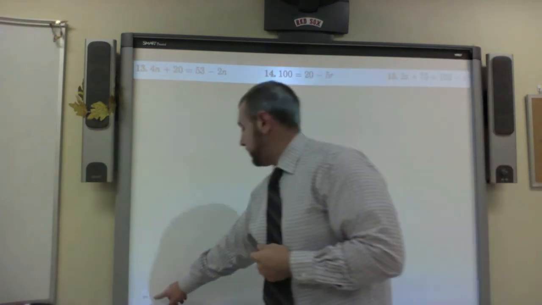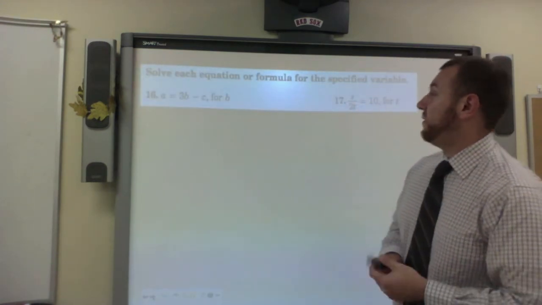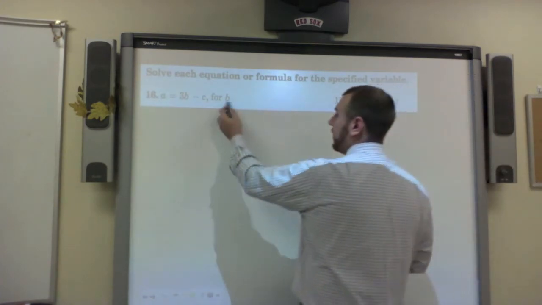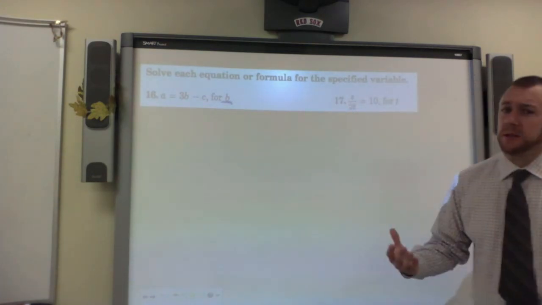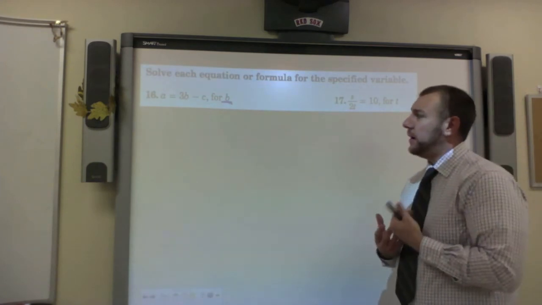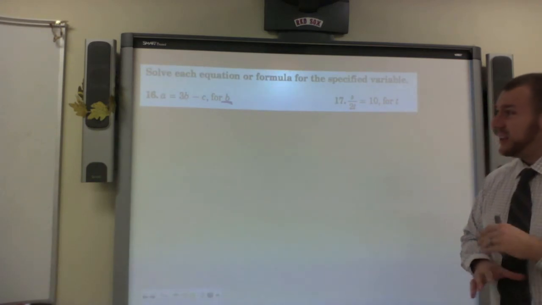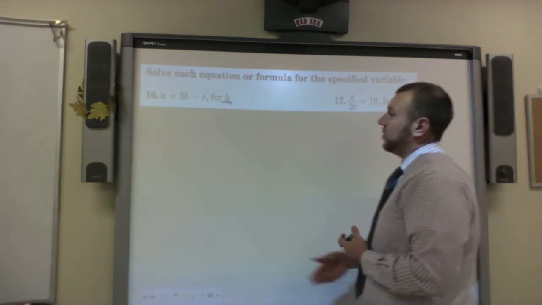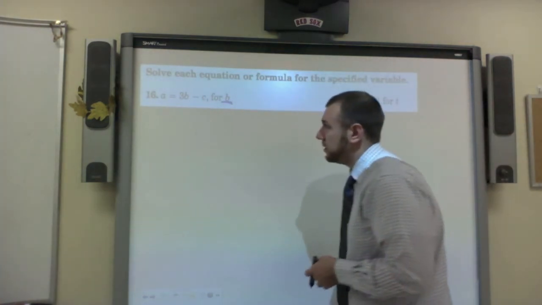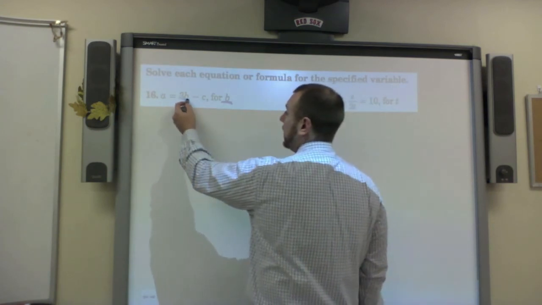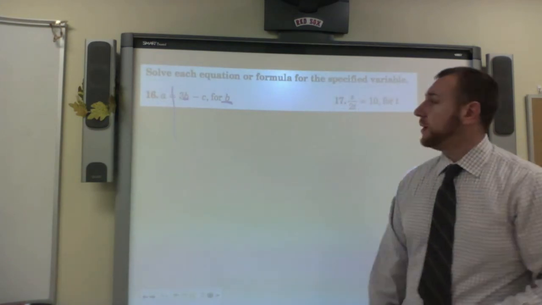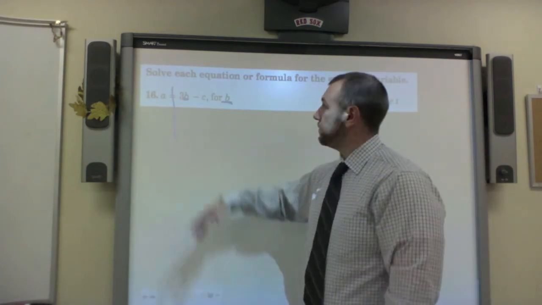What students have the hardest trouble with are these formulas when we're solving for a variable, because there's not numbers. And what you have to remember is it's the same thing as solving an equation. So if we look at 16, okay, I'm solving for b. So I'm going to put the line here. The first thing I got to get rid of is any addition or subtraction.